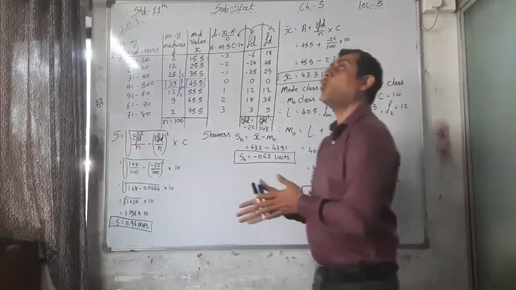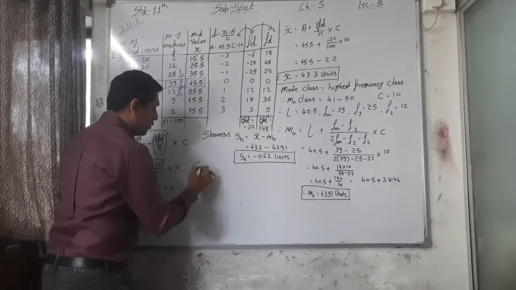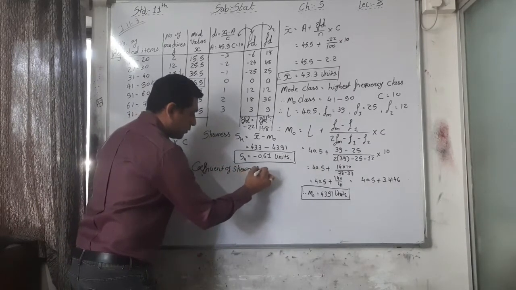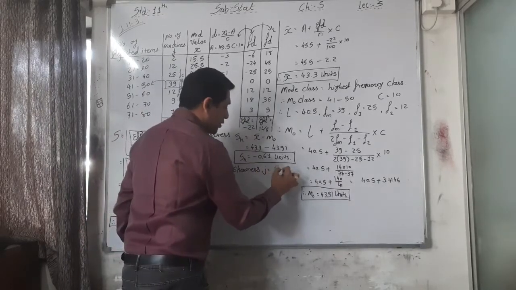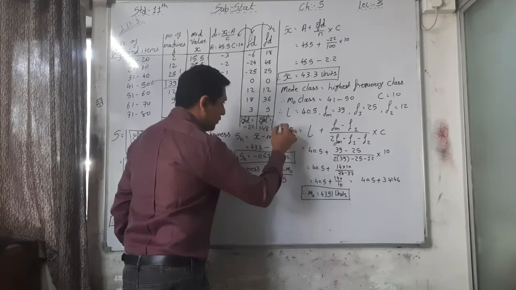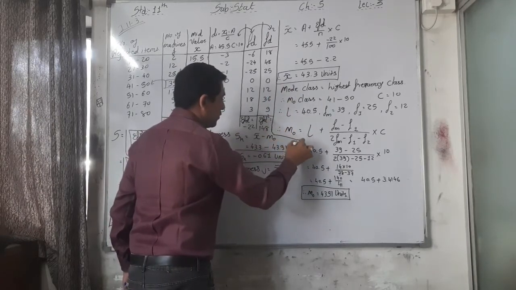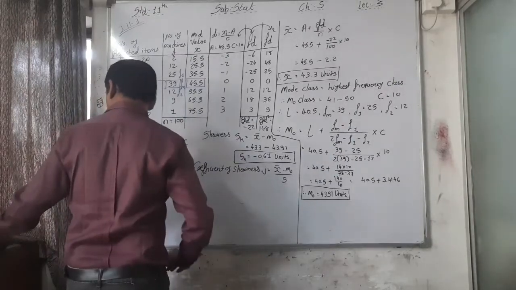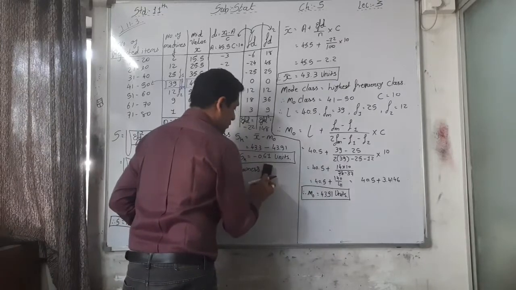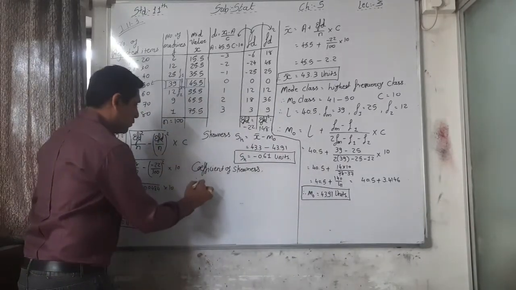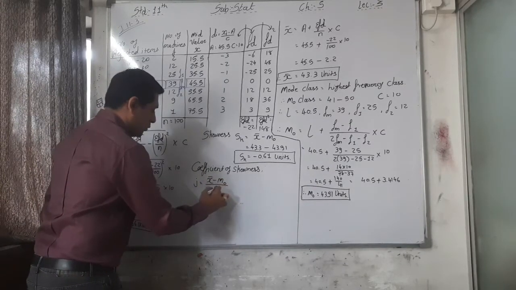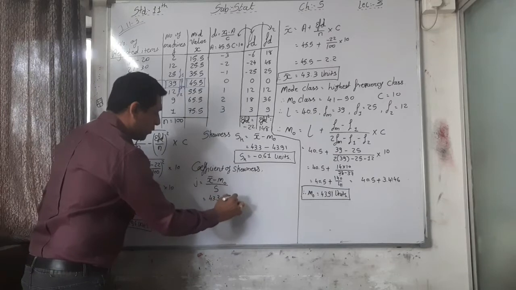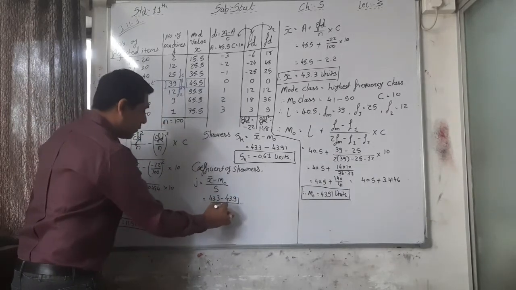Now the last point, that is coefficient of skewness, we have to find out. Coefficient of skewness, that is J is equal to X bar minus MO upon S. So here X bar is equal to 43.3, MO is equal to 43.91, and S is equal to 11.96.